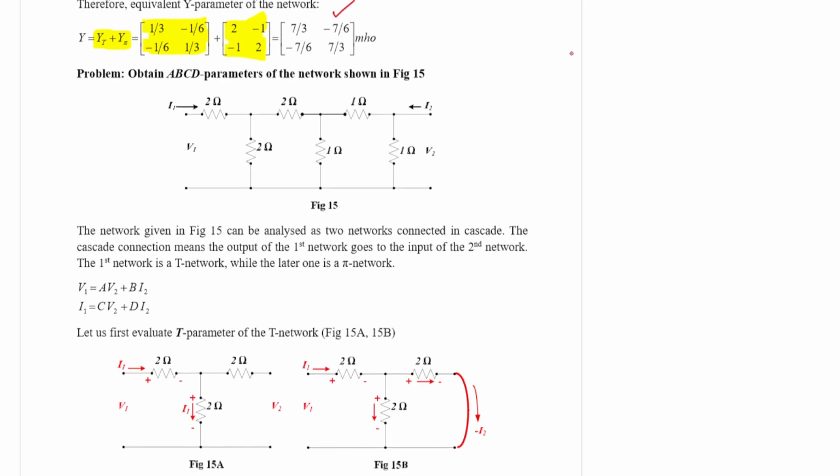Now a similar problem. We need to evaluate ABCD parameters, a similar sort of problem as shown in figure 1. It's a long, ladder-like network. So you need to solve the ABCD parameters. Again we shall use a trick.